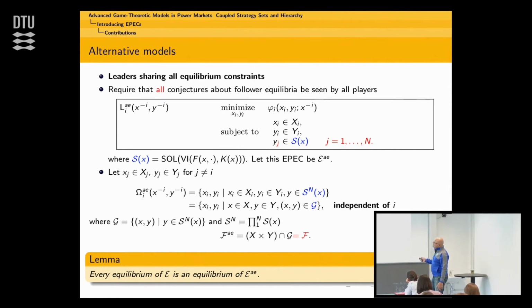Suppose we replicate everybody's equilibrium constraints for each agent. Then what happens? Given y minus j, now you actually have a shared constraint. This is independent of i.